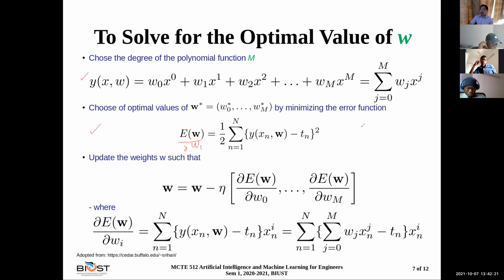You take the derivative, you take the 2 here, so each term has a 1/2 term. Okay, so let's just write it out.